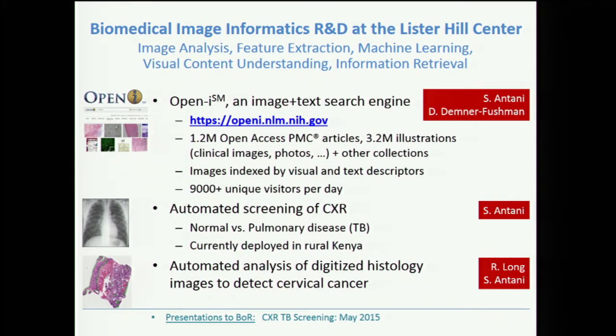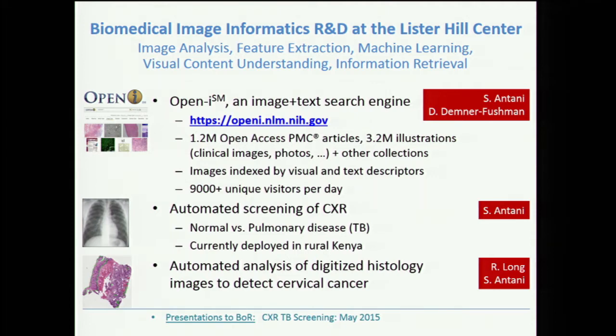Here is some of our background. So OpenI is a big system here that can retrieve images from PubMed Central, images, photos, and uses image analysis to do so. And it's used by more than 9,000 visitors per day. So that's already quite a success here with our image analysis.